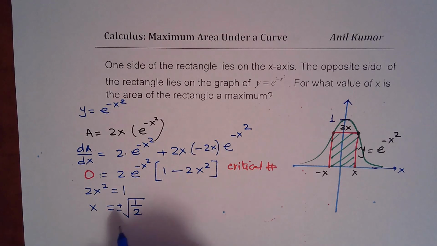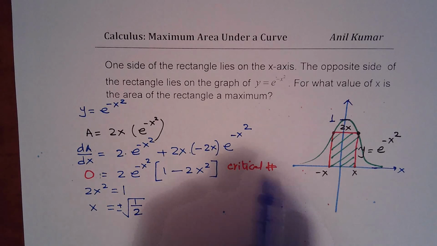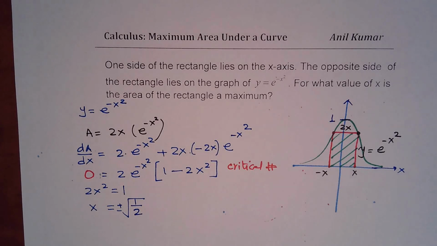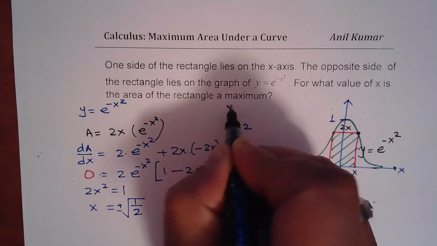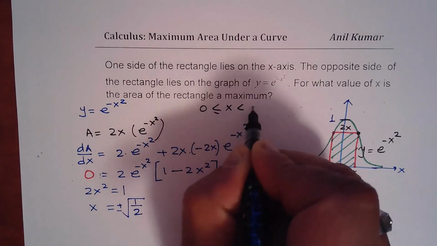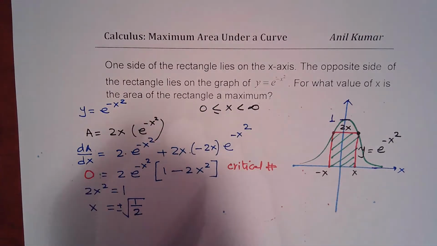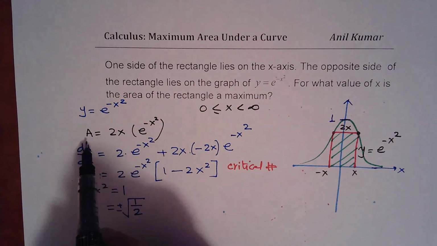Now, to prove that this gives you the maximum area, what we can consider here is the possible values of x. We could say that x is going to be between 0 and infinity, right? So those are the two possible boundary values of x. A at 0 will give us 0.